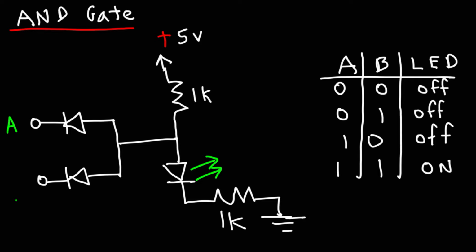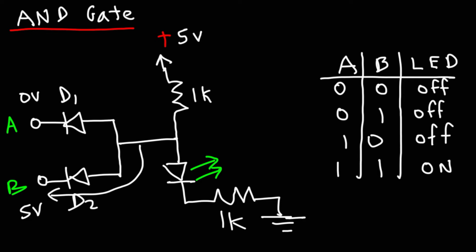We're going to call this A and B, and this is D1, D2. So let's see what's going to happen if A is set to 0 volts and B is set to 5 volts. Let's see why the LED will be off. Well, we know that current can flow in this direction.